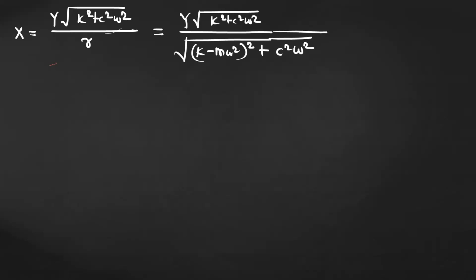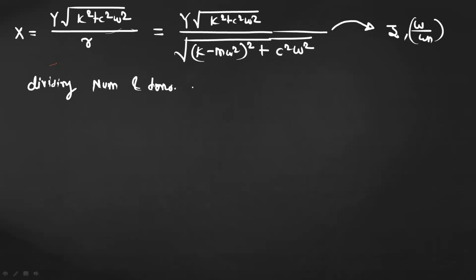Okay, so now we have to simplify this complete equation so that the equation will be in the format of zeta and the frequency ratio omega upon omega n. Okay, and therefore just divide numerator and denominator by the stiffness, by the spring constant k.